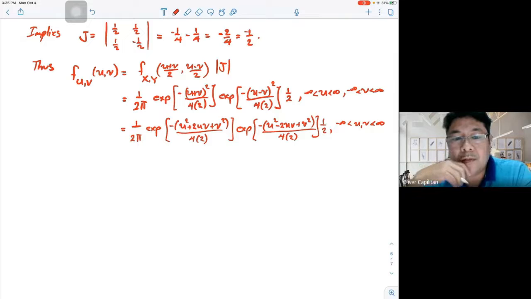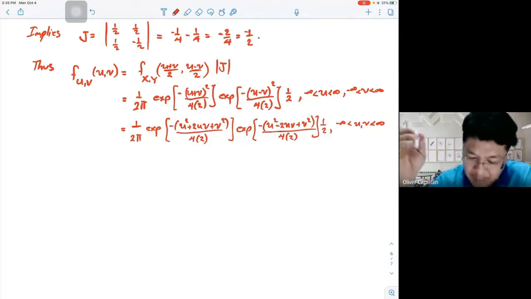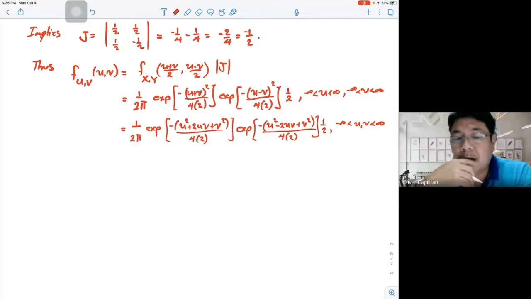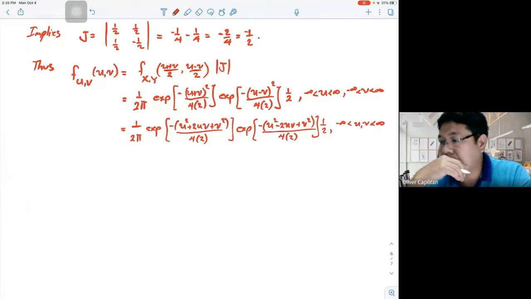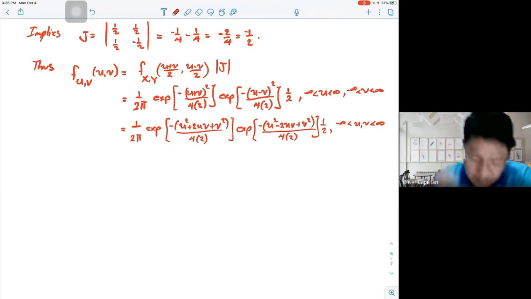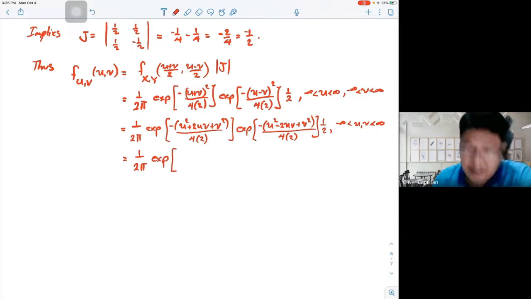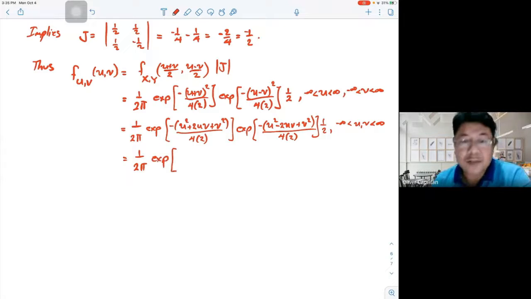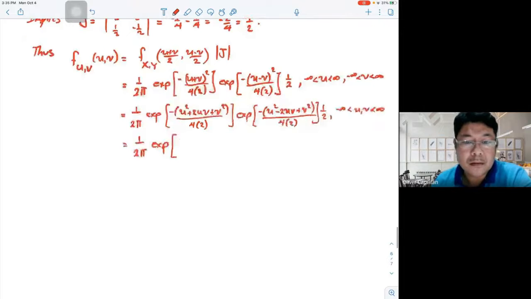Then we have also negative u square on the other exponential function, then we have positive 2uv, so those cancel out, the sum would be 0. The negative 2uv and the positive 2uv would be equal to 0. So the result will just be 1 over 2 pi times the exponential of the sum.